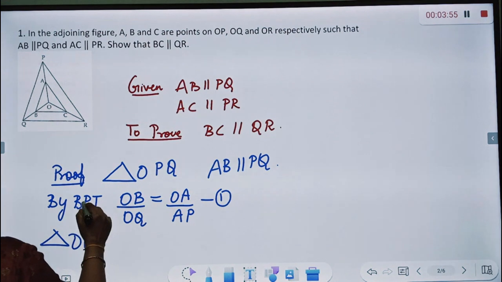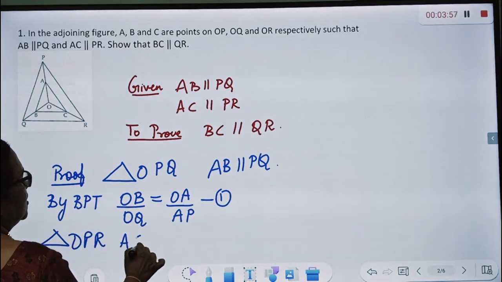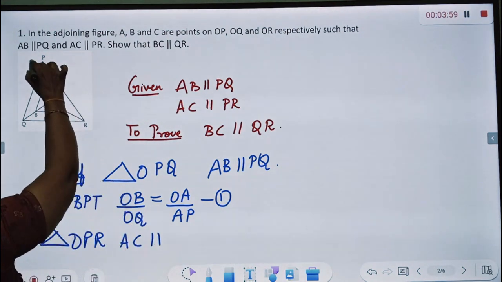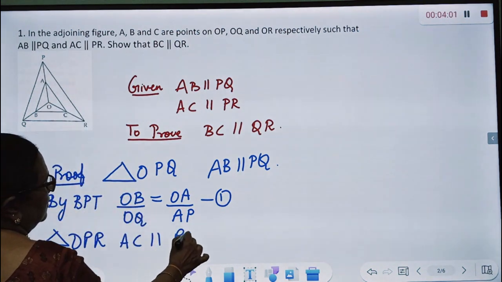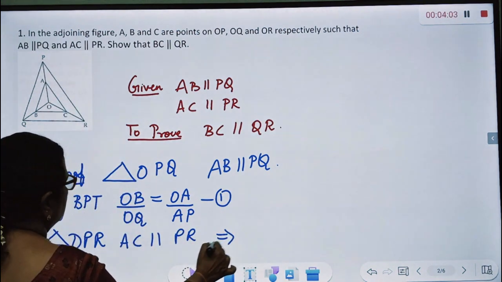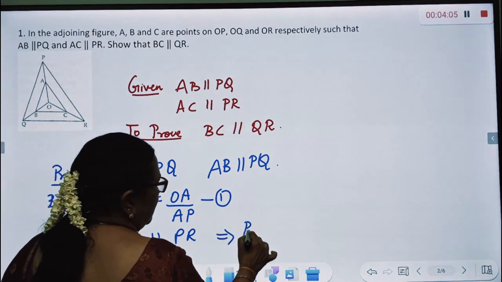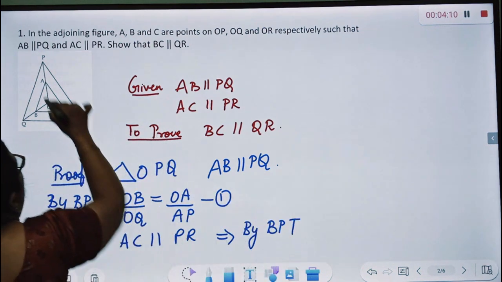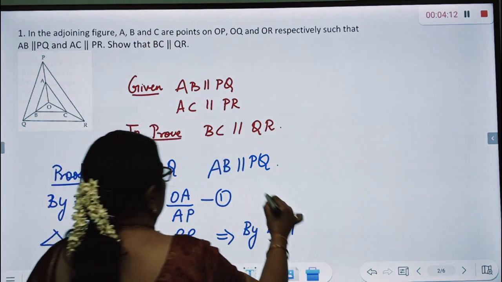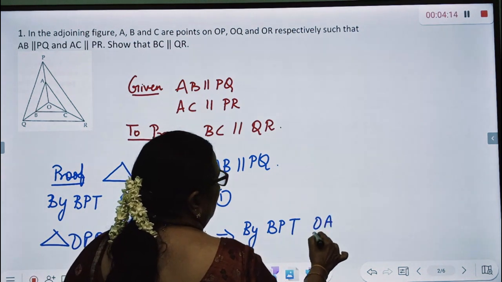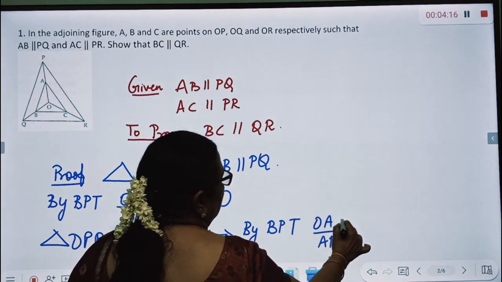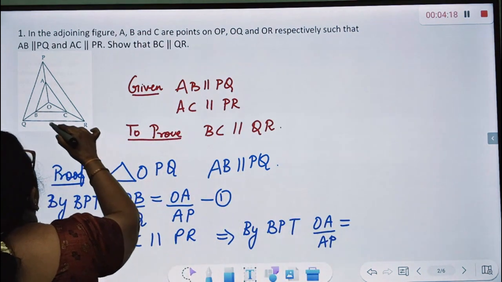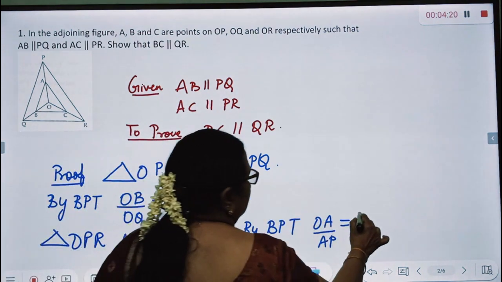Now what do you have? AC is parallel to PR. This implies, by using again basic proportionality theorem, for this triangle OA by AP will be equal to OC by CR.